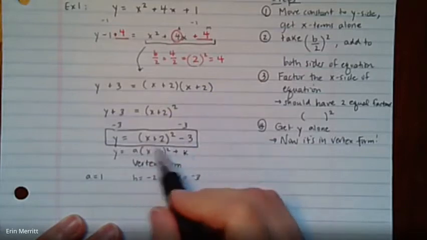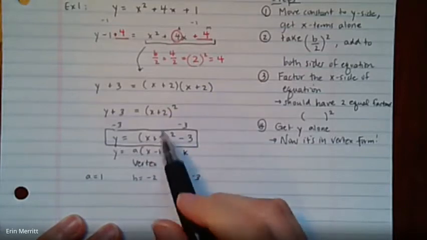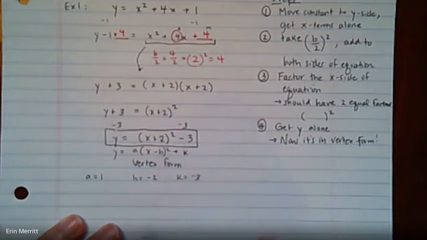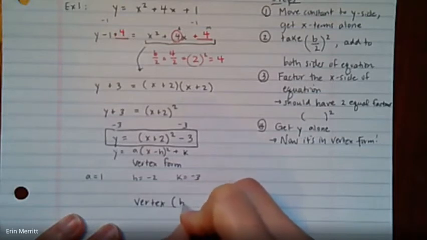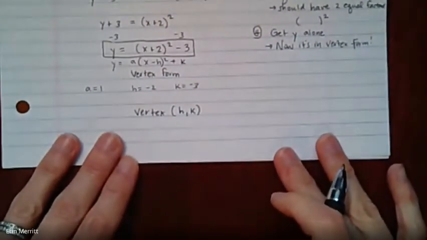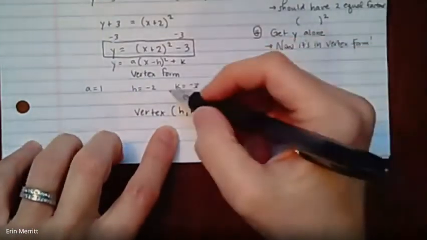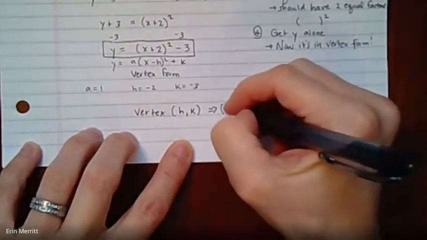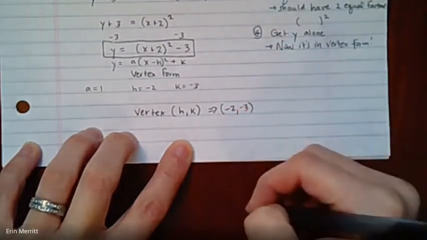So when it's in this format, we can think of it as a translation where we go left 2 and down 3 to get the vertex, or we can always think of the vertex as being a coordinate point that are the h, k values themselves. So in this case, it would be a vertex of negative 2, negative 3, which matches exactly what we just did above.